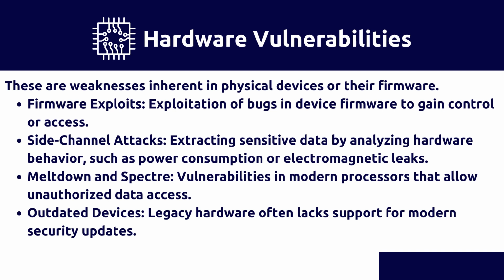We have Meltdown and Spectre. Vulnerabilities in modern processors that allow unauthorized data access. All of these are examples of hardware vulnerabilities. We have another one, outdated devices. Legacy hardware often lacks support for modern security updates.